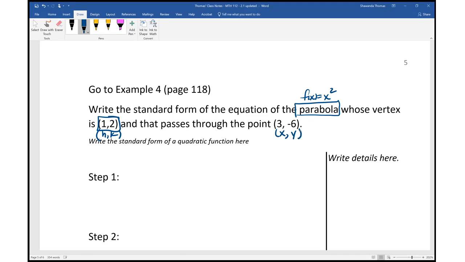So let's first start by writing out the standard form of the quadratic function. F of x equals a times x minus h squared plus k. Let's first put in the first piece of information. Let's put in the vertex. So f of x equals a times x minus h, which is 1, squared plus k, which is 2.